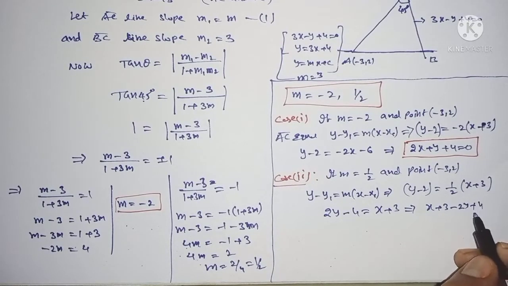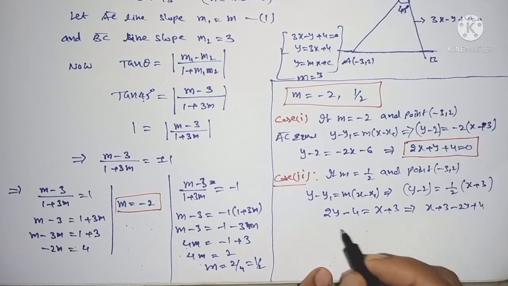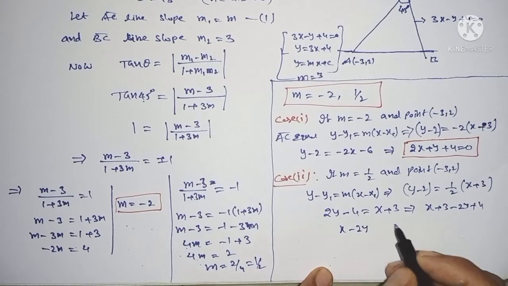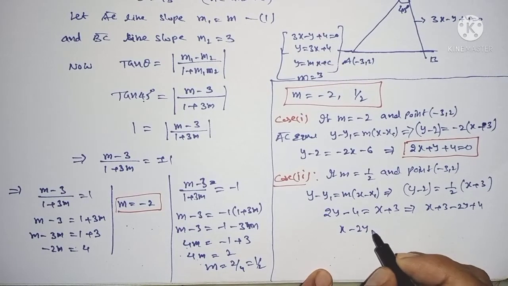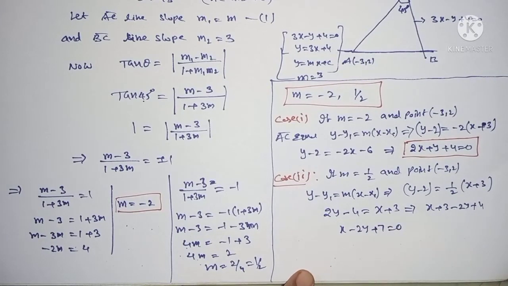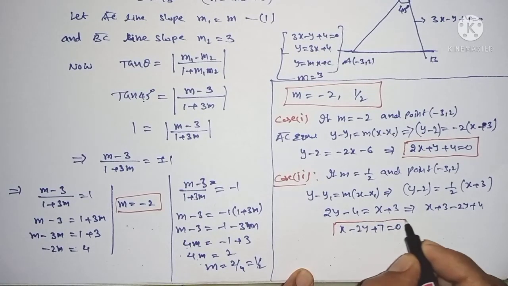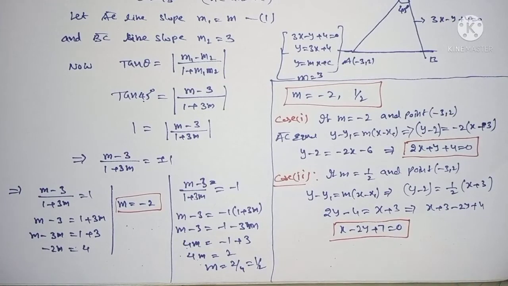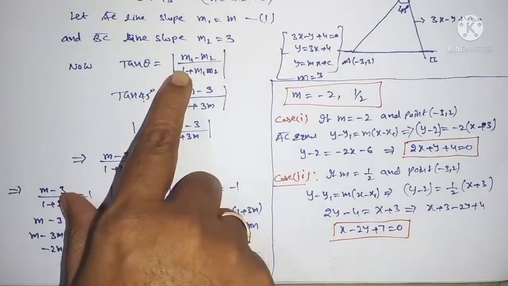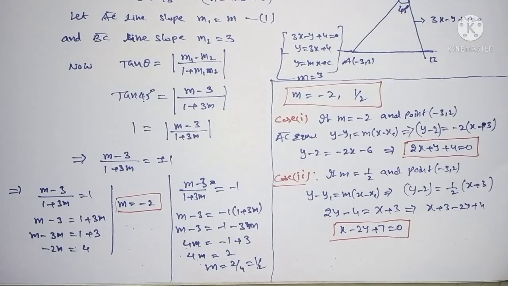Therefore, you get x minus 2y plus 7 is equal to 0. x minus 2y plus 7 is equal to 0. This is the finding of the line equations if it is given the angle, that is, m1 and m2 is given, that is the slope you can find.